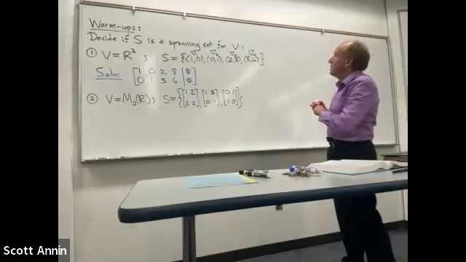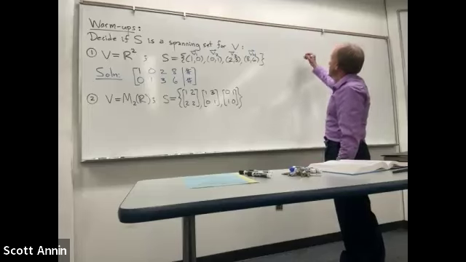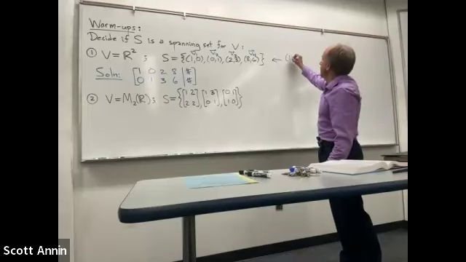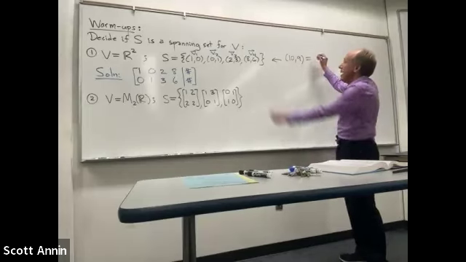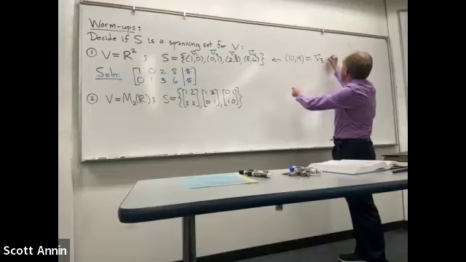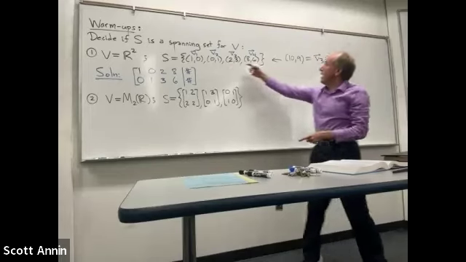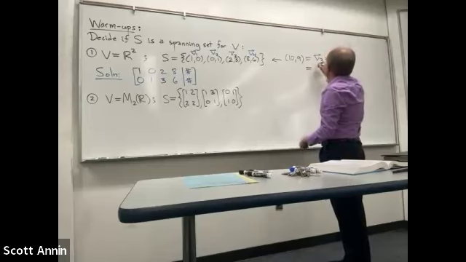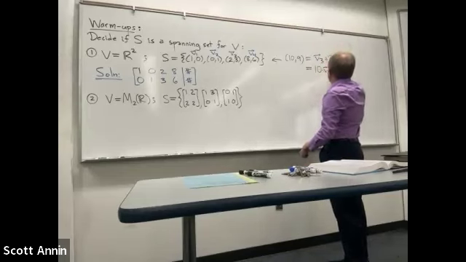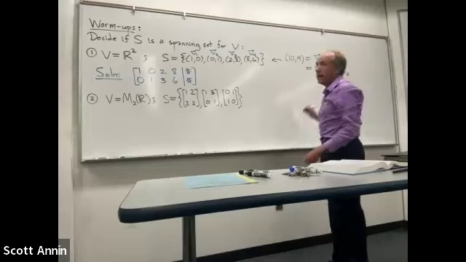For example, in this example, if I take the vector 10, 9, I can write that as the third vector added to the fourth vector. Or I could also instead write it as 10 times the first vector plus 9 times the second vector.